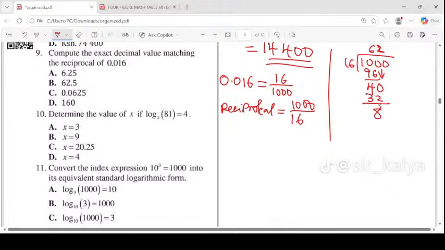You subtract, you get 8. Then you put your point and add your 0. 16 into 80 is exactly 5 times, because of 80. So the answer is 62.5. Looking at the choices, we have choice B for boy, matching exactly what we've done. Remember, they just want the decimal equivalent of the reciprocal of 0.016.